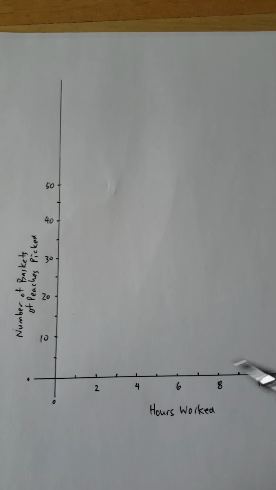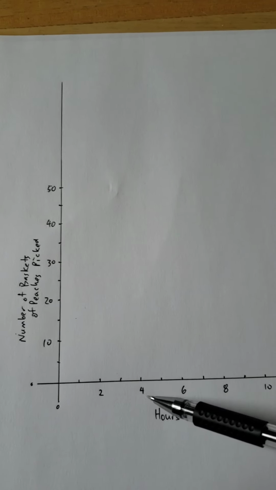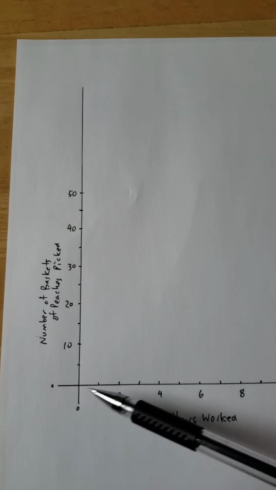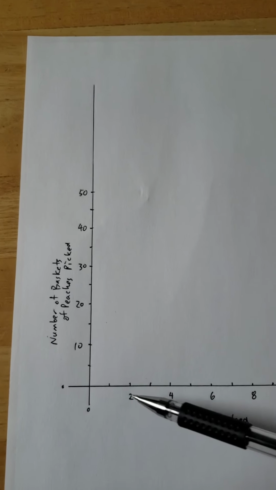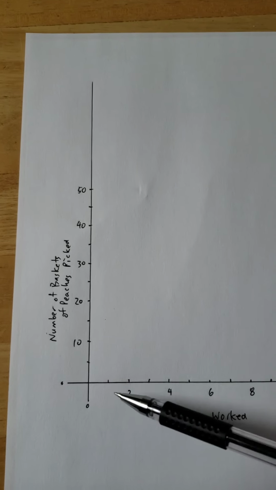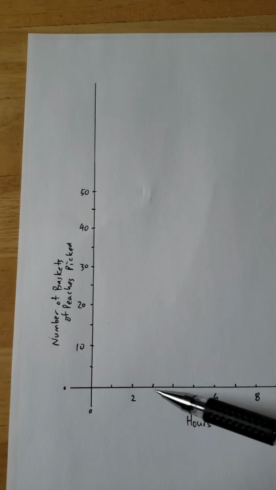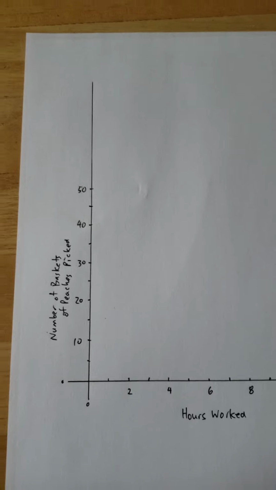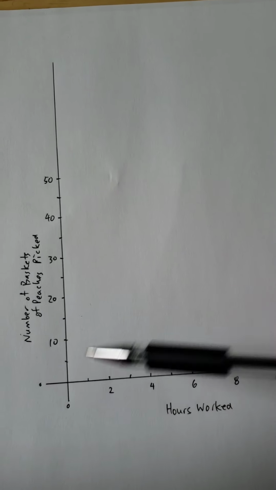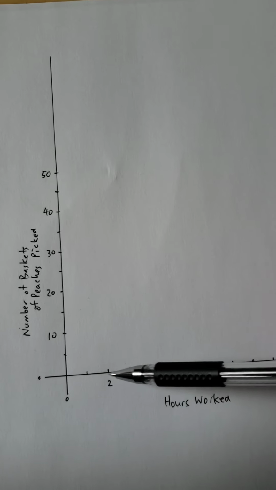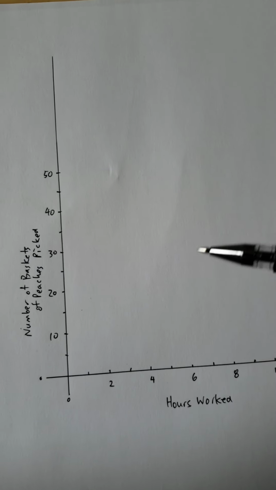It's appropriate to actually use numbers that make sense for your scale. And it has to be an even scale. You can't just use values from the table. You need to set it so that you start at 0 at the start of the axis. And then you make regular marks, and I've decided that every centimeter from my ruler would be a value of 1 for the number of hours.